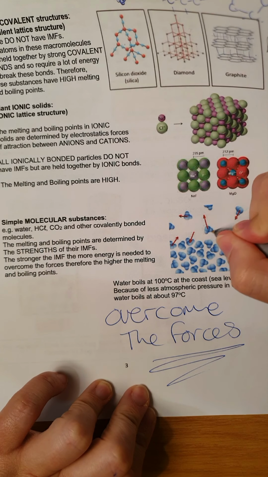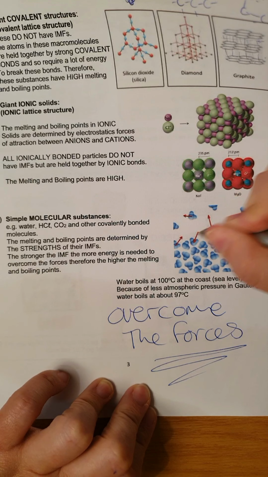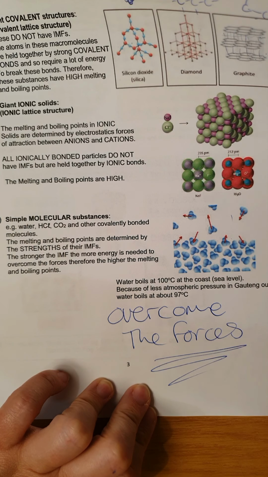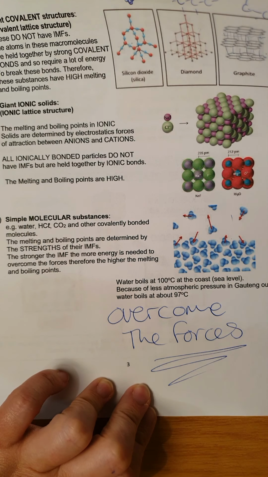Here we have a molecule of water, and it is breaking away from the other molecules. Can you still see it's H2O? But now water is in gaseous phase. So the forces between the waters are being overcome by the energy we're giving it, and it's becoming a gas.